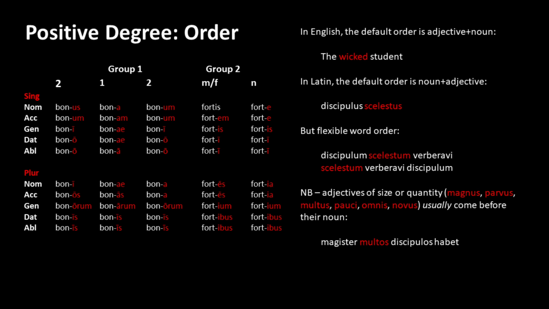Notice the red adjective comes before the noun that it governs. Or magna pars discipulorum scelesta est. A great part of the students is wicked, or the majority of the students are wicked. I suppose the last point to be made here is that when you are discussing the order of words in Latin, you are for the most part discussing tendencies rather than rules. But these are the main tendencies.